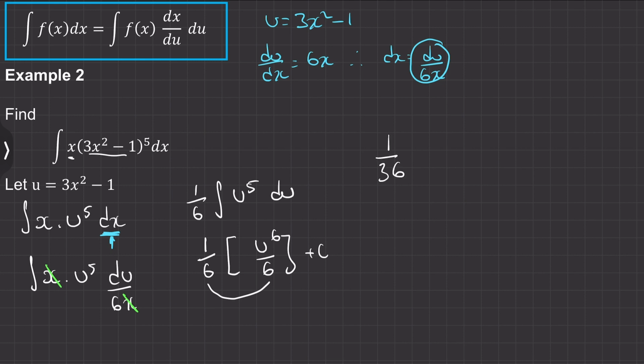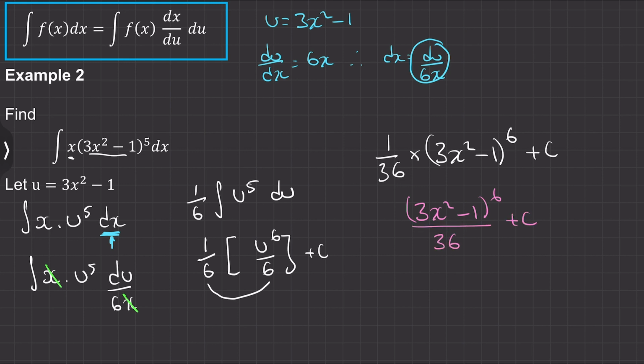And then we'll substitute this u back into here. So this will be multiplied by 3x squared minus 1 to the 6 plus the constant. So we can simplify this as 3x squared minus 1 to the 6 over 36 plus the constant term.